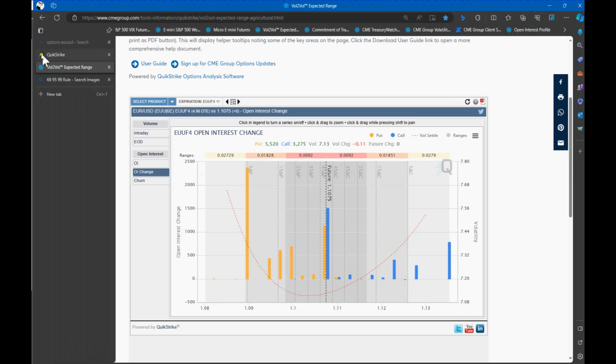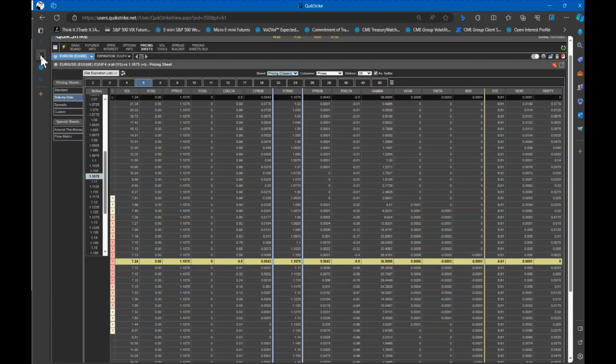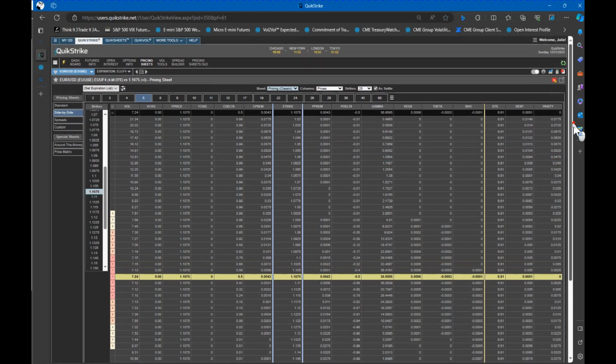There is another way to look at these pricing sheets on Quick Strike's website. You can register for Quick Strike and get your pricing sheets and open interest, run your spread builders. I use an old sheet.